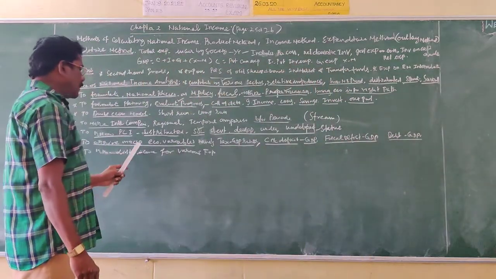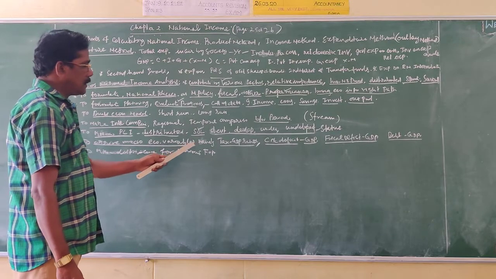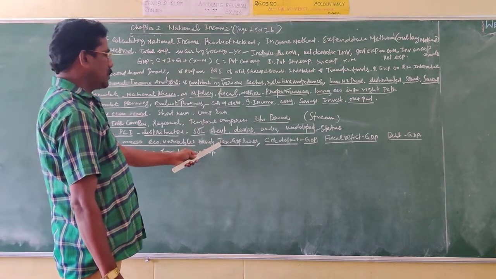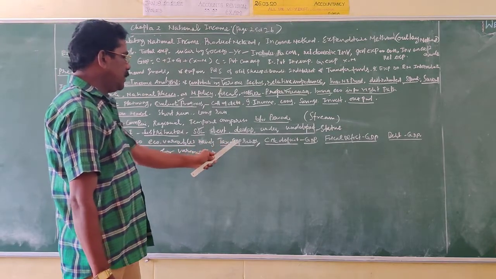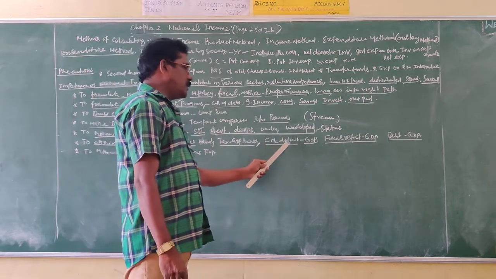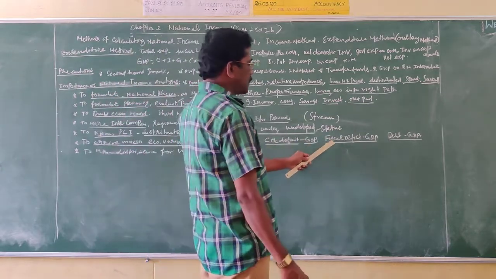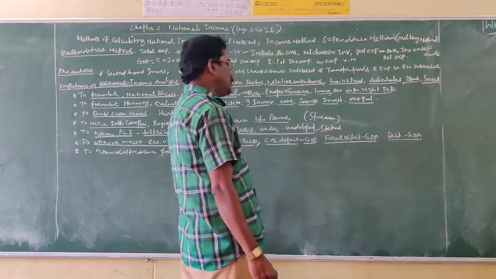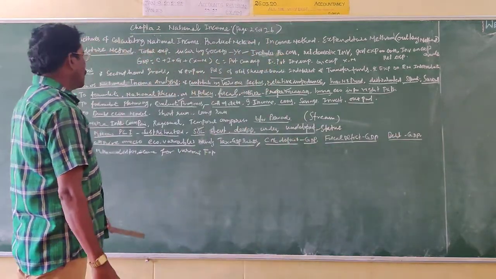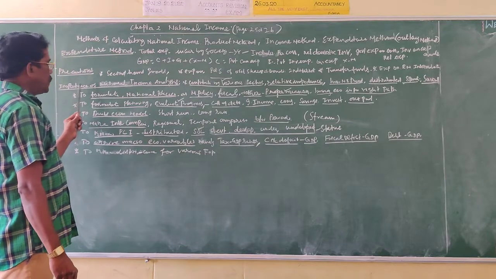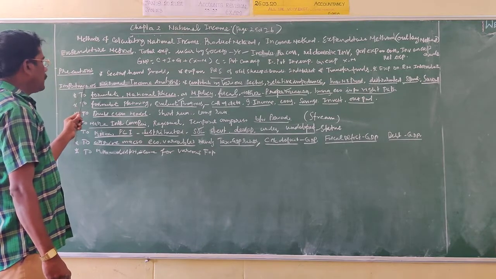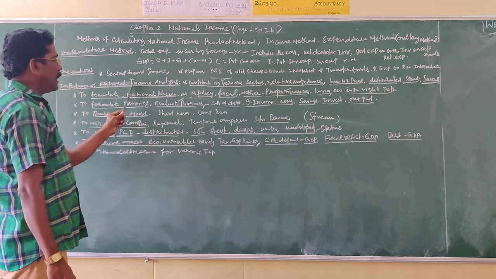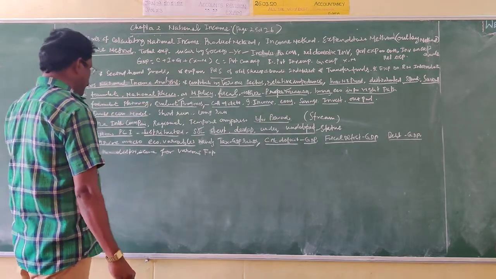So the macroeconomic analysis is known by these four ratios, which are very important. It is possible only with the help of the study of national income analysis.